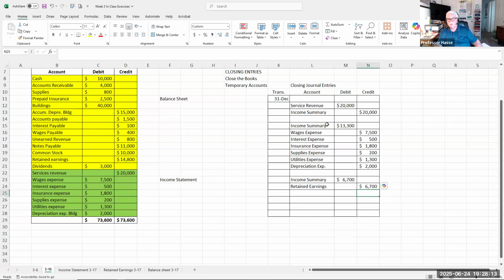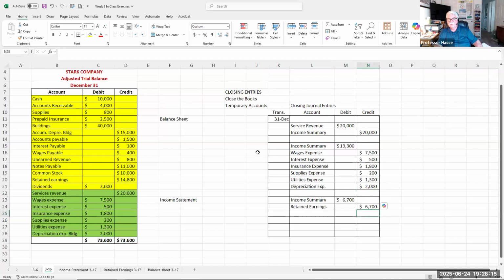So now these are the closing entries for the year end. All the revenue and expense accounts have been closed to income summary, and the income summary account is closed to retained earnings. And then finally, the last temporary account is dividends, $3,000 debit balance. So we close that to retained earnings as well, debit retained earnings $3,000 and credit dividends $3,000.